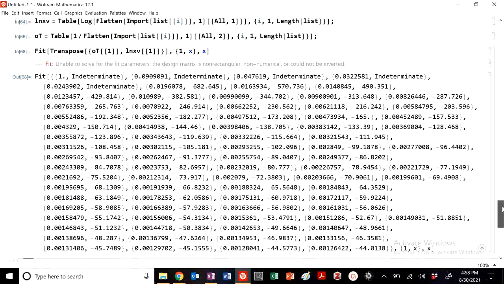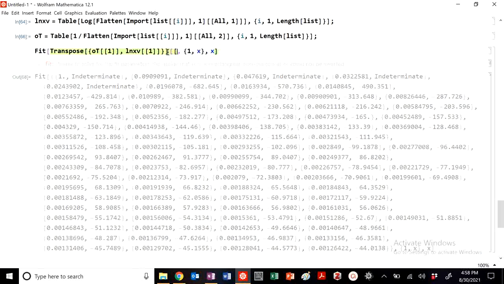I don't think it likes the indeterminate values, so I may do a linear fit by hand, or I may just take like the 5 to -1.